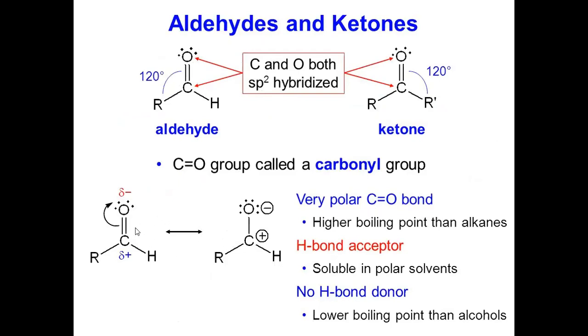So we can see that this structure is very polar. The carbon double bond oxygen, or carbonyl, has a higher boiling point than alkanes. The hydrogen bond acceptor makes it soluble in polar solvent, and there is no hydrogen bond donor, so it will cause the boiling point to be lower than alcohol.